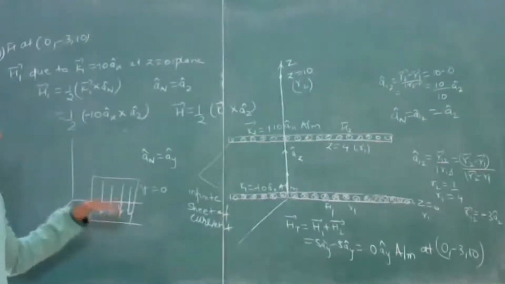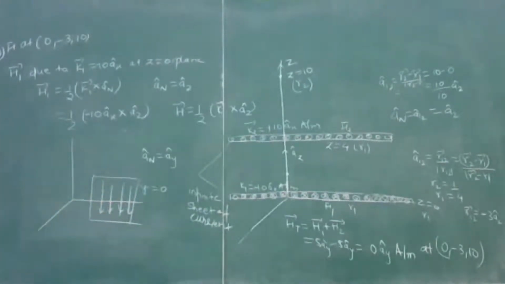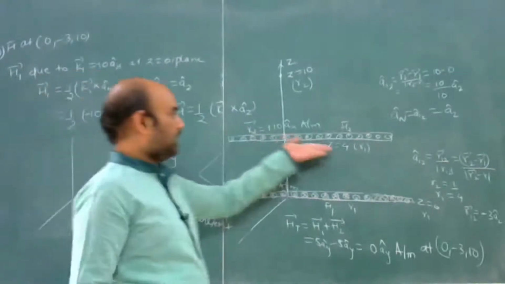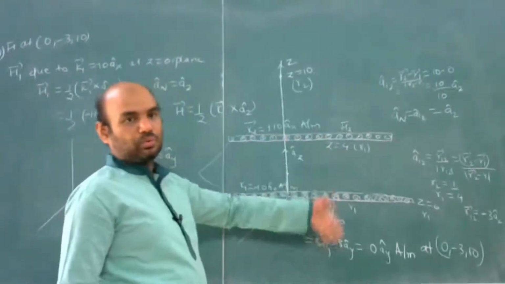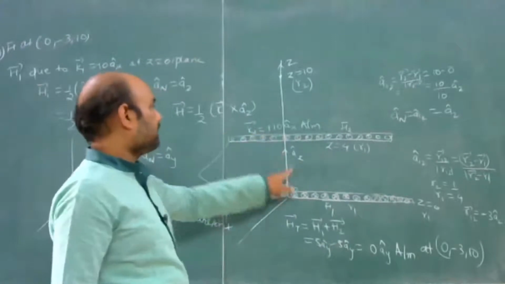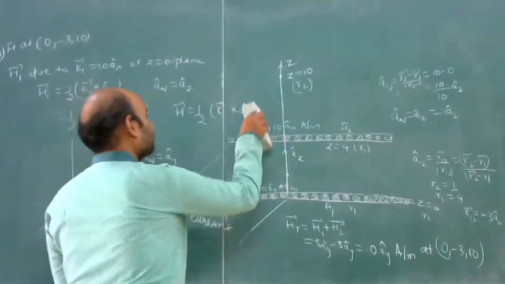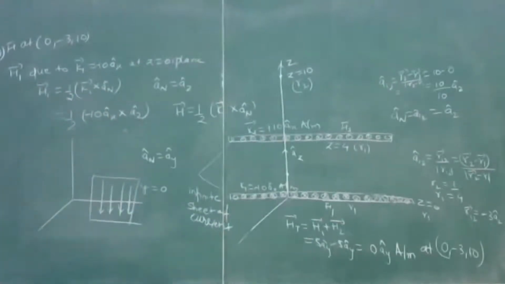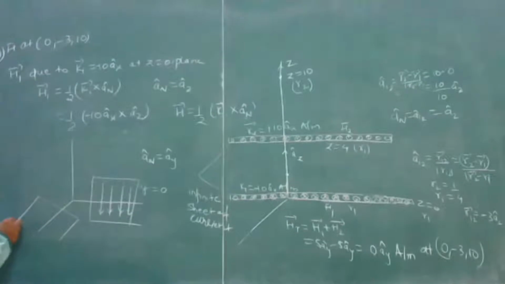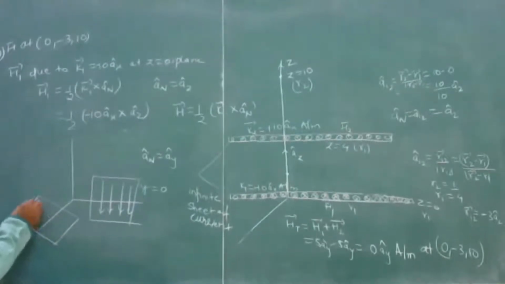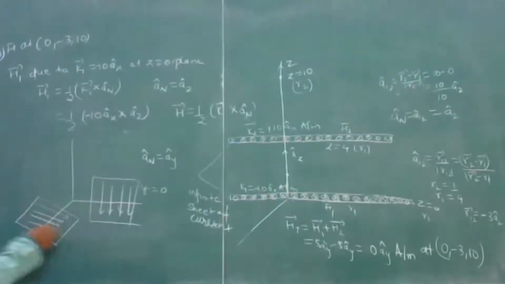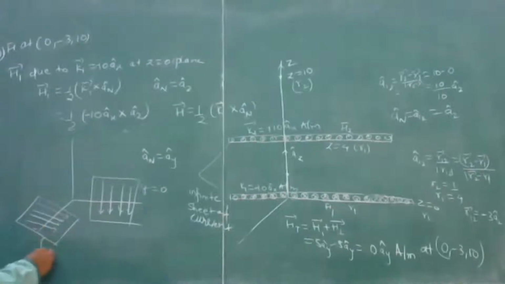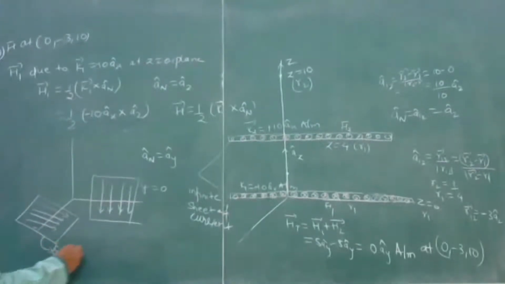Here it is at z equal to 1 and z equal to 4, so the normal unit vector will be Az. If the sheet is kept at the x axis and current is flowing in the y direction, then An will be Ax.